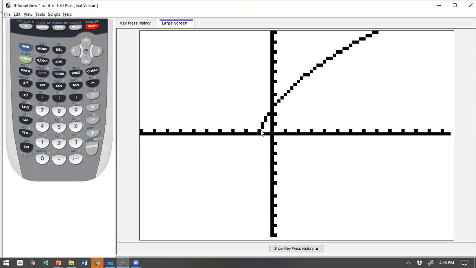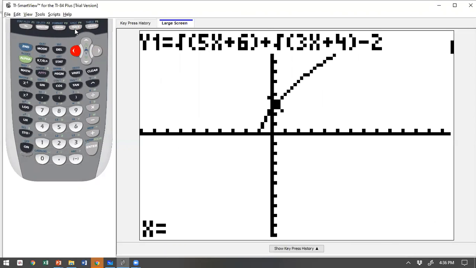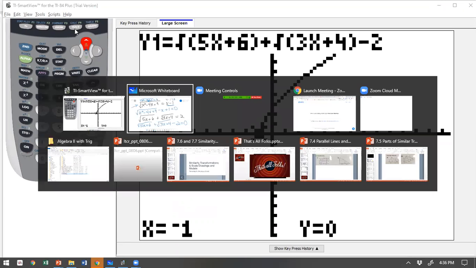And the only place this meets y equal to 0, let me hit the trace button here, is negative 1. So we know that negative 1 makes this equation true.